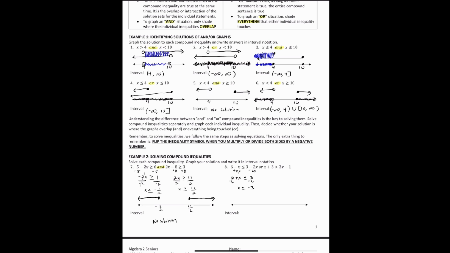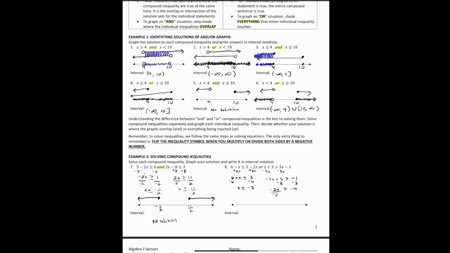Now, looking at the other inequality, I'm going to go ahead and subtract 3x from both sides. And notice that I like to have my x on the left-hand side of the inequality. So I have x minus 3x, which is negative 2x, plus 3, which is greater than negative 1. And then I'm going to subtract 3 from both sides, and I have negative 2x is greater than negative 4.